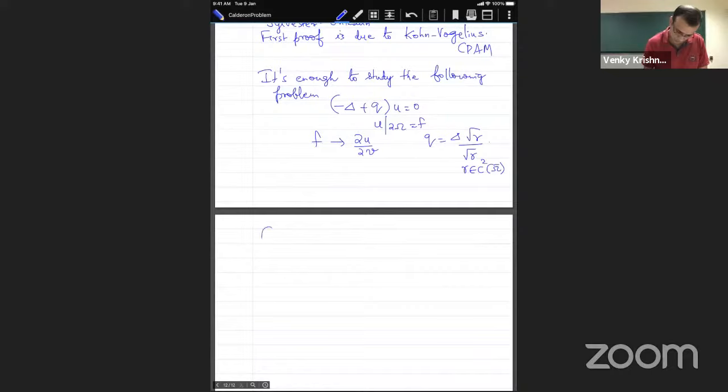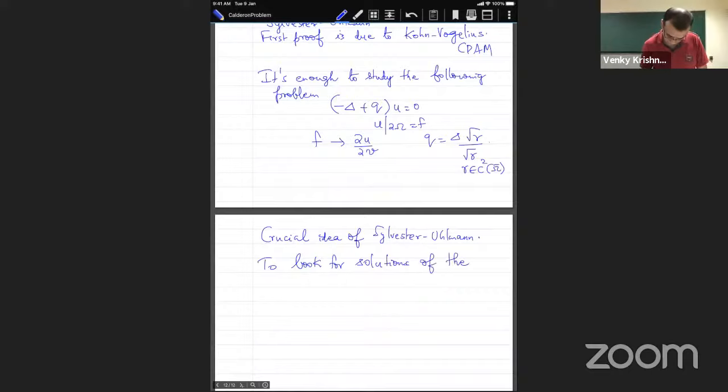This is a crucial idea of Sylvester and Uhlmann: to look for solutions of the form e to the x dot zeta times 1 plus r of x and zeta, where zeta dot zeta is equal to 0, which is not the Hermitian dot product, by the way.